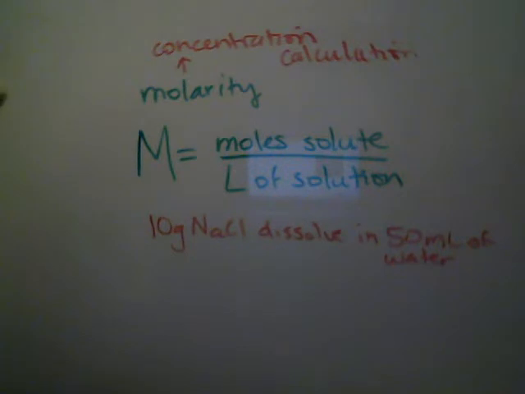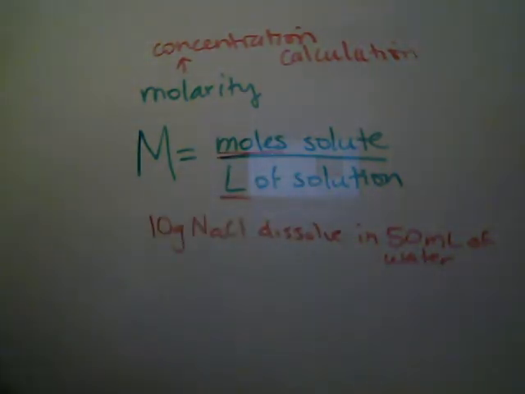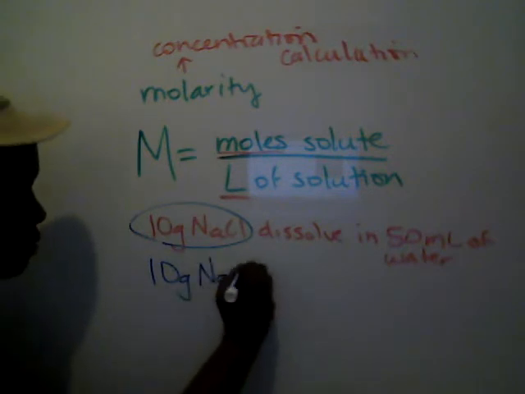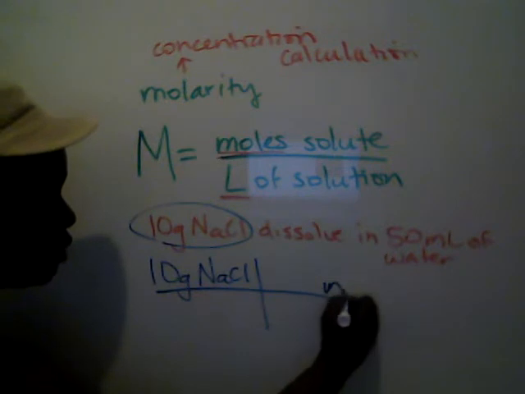One thing to keep in mind, this has to be in moles and this has to be in liters. So you may have to do some conversions before you can actually use the calculation. So the way that we would do this is first we have to convert this 10 grams into moles. So if we have 10 grams of NaCl, grams are going to go on the bottom, moles are going to go on the top.